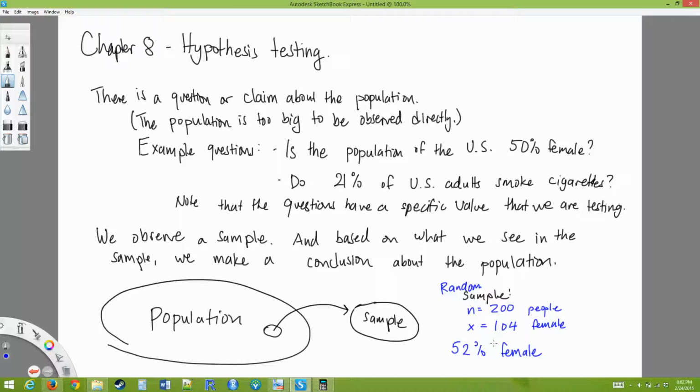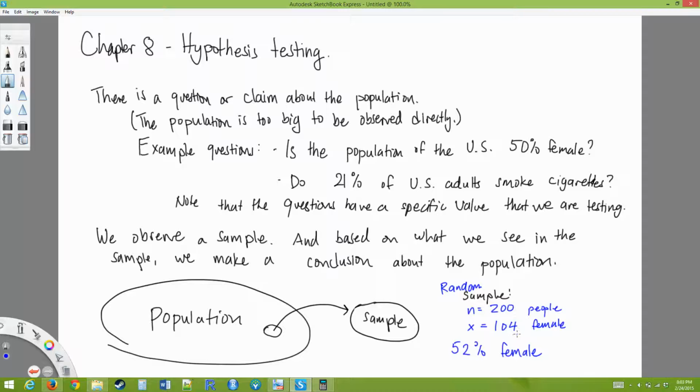And so you go through and you take a survey. You select 200 people, and you get 104 females. 52% are female. Is this convincing enough to say, okay, let's go with this? Why is it not convincing? Yeah, because basically the only difference between a sample that would have been 50% female and 52% female when you're looking at 200 people are these 4 additional females here, right?